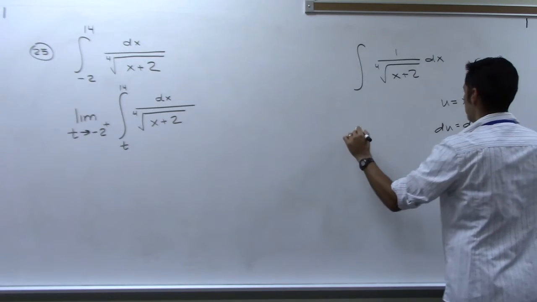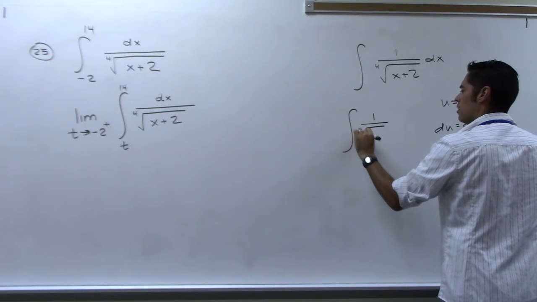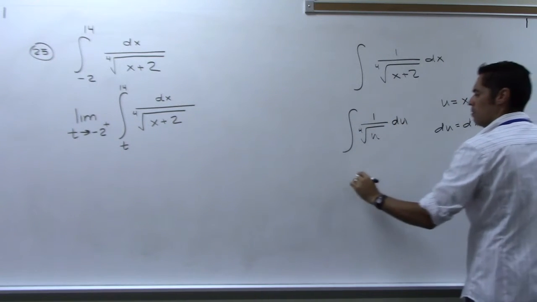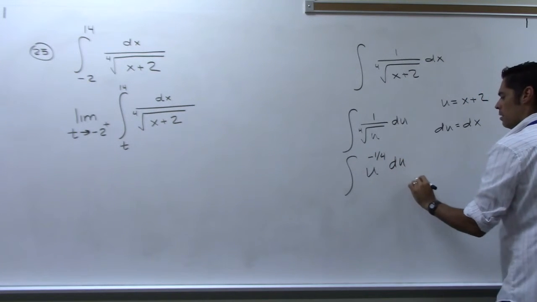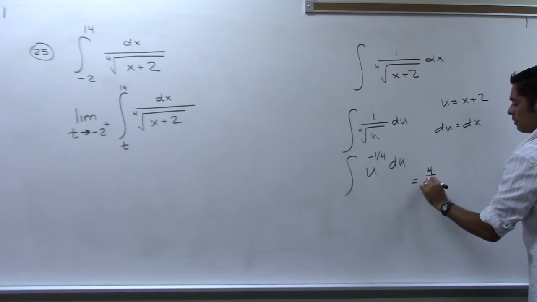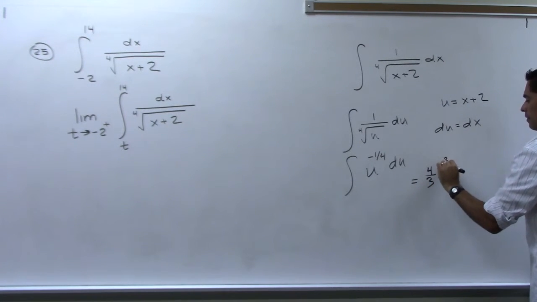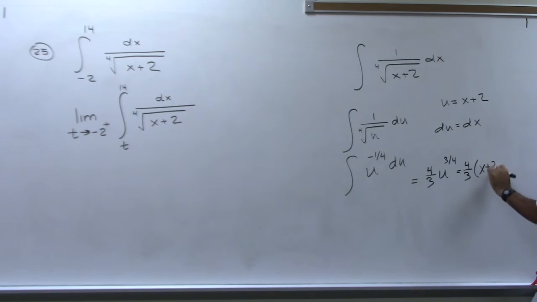And I can rewrite this integral as 1 over the fourth root of u du, which is the integral of u to the -1/4 du, which turns into, adding 1 to that, you get 3/4, so flip over 4/3 u to the 3/4, which is 4/3 (x plus 2) to the 3/4.